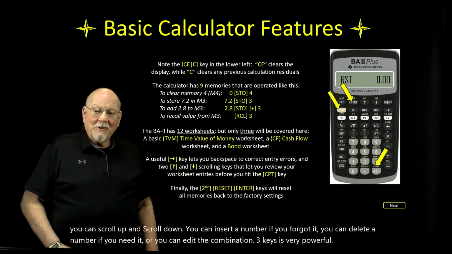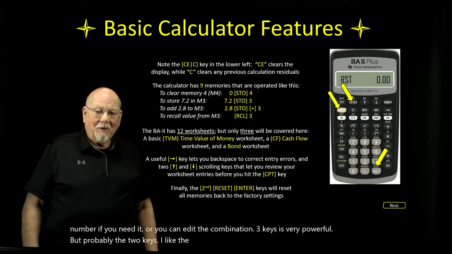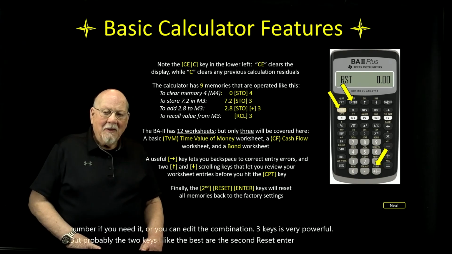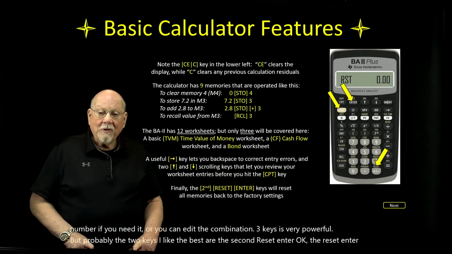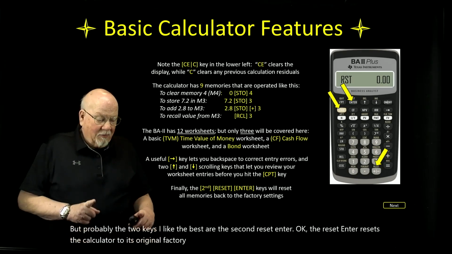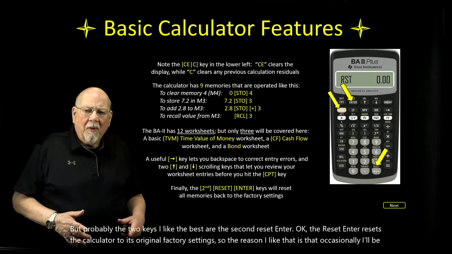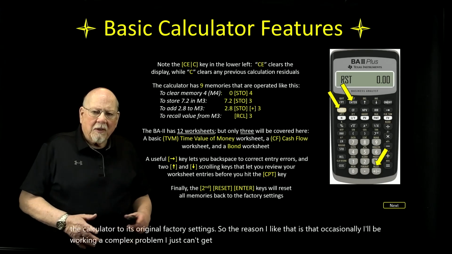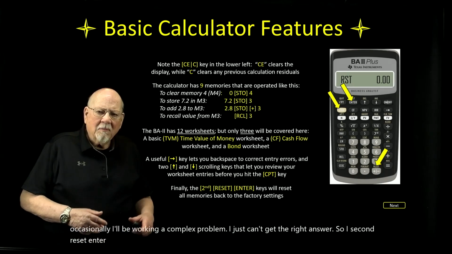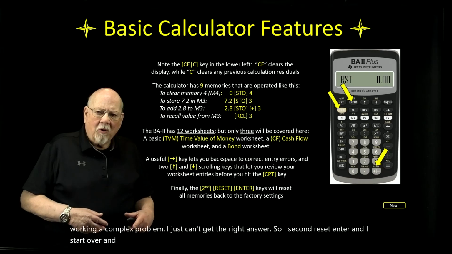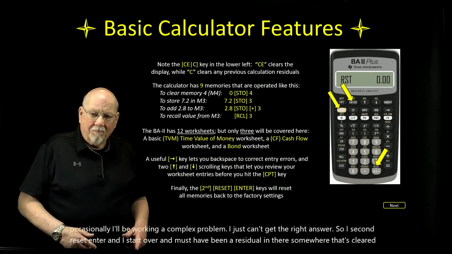But probably the 2 keys I like the best are second, reset, enter. The reset enter resets the calculator to its original factory settings. The reason I like that is occasionally I'll be working a complex problem and I just can't get the right answer, so I hit second reset enter and I start over. There must have been a residual in there somewhere. That's cleared out, and it works this time.